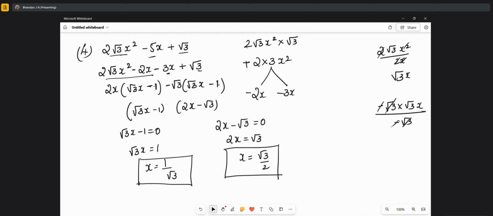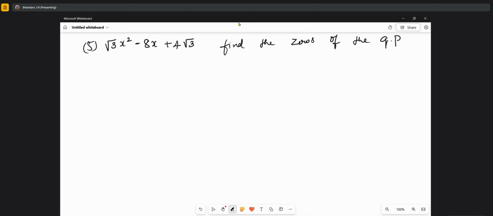Getting this? Okay, write this down. Say the next problem you can try. Try this problem now. Root 3x square minus 8x plus 4 root 3. Find the zeros of the quadratic polynomial.